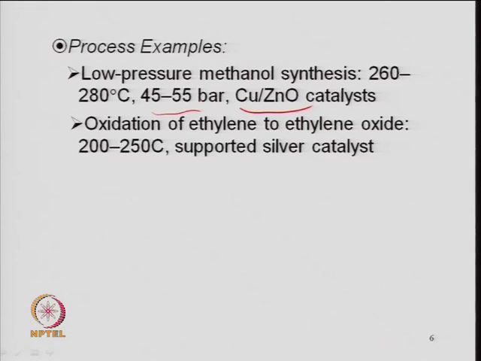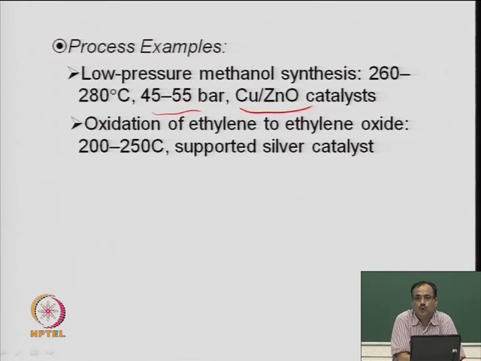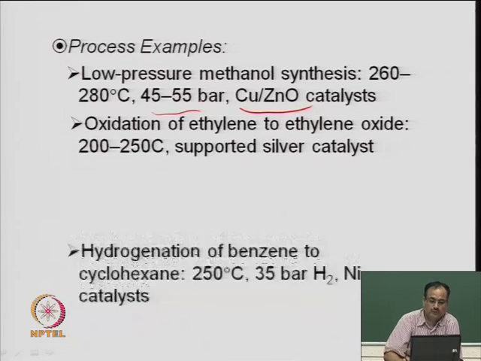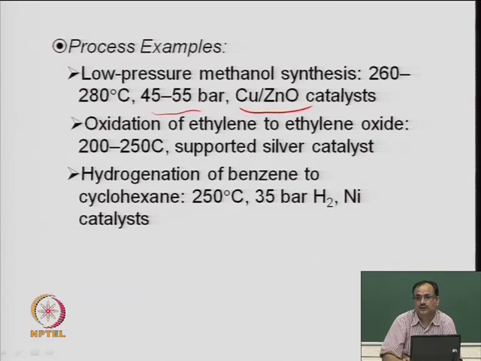Similarly, for oxidation of ethylene to ethylene oxide, which is generally used for making epoxy resins, right. Here silver based catalysts are used. So, that is again a very important process in the petrochemical industry, right. The resins are made from this, epoxy resins, right.